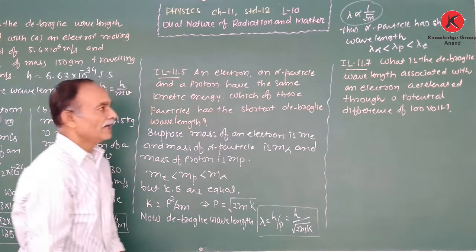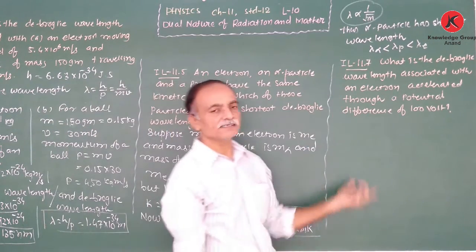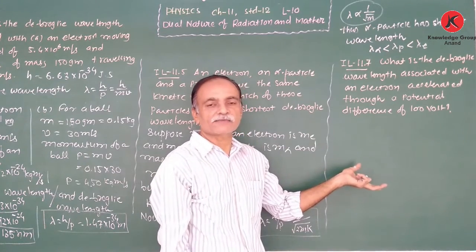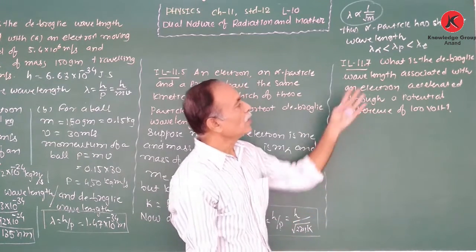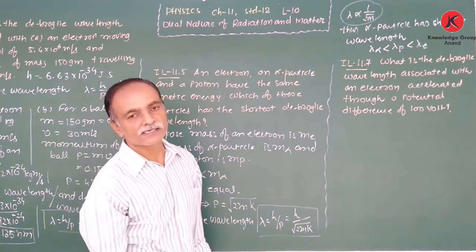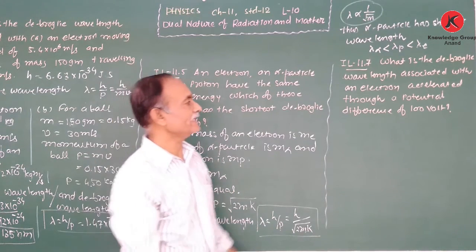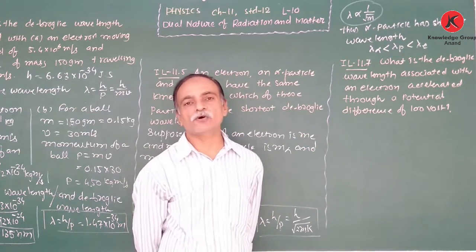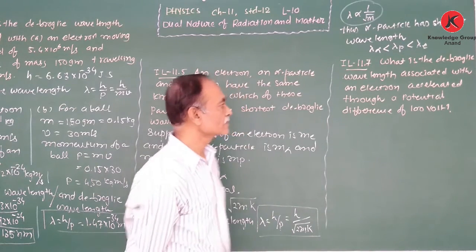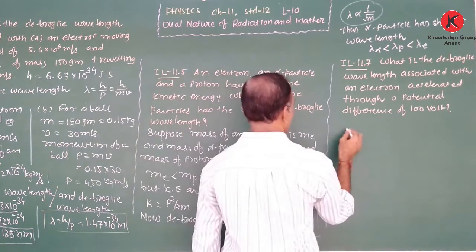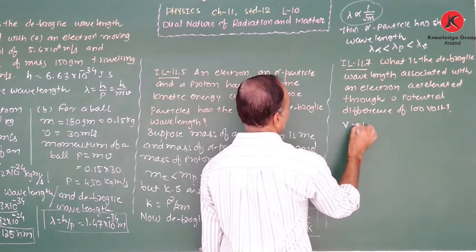Now, first we take the last illustration, because it is short. What is the de Broglie wavelength associated with an electron accelerated through a potential difference of 100 volt? Here, the potential difference V is given as 100 volt.